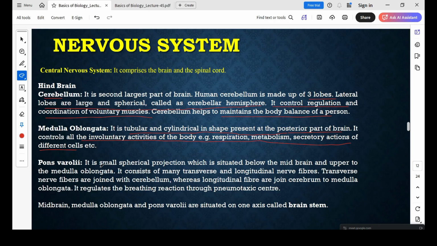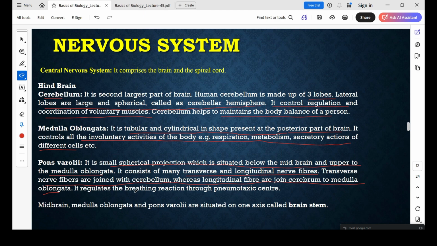Pons varolii is a small spherical projection situated below the midbrain and above the medulla oblongata. It consists of many transverse and longitudinal nerve fibers. Transverse nerve fibers are joined with the cerebellum, whereas longitudinal fibers are joined with the cerebrum to join the cerebrum to the medulla oblongata.